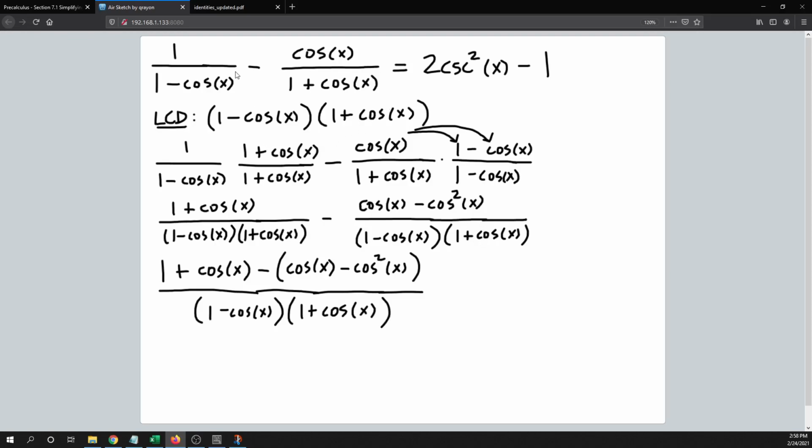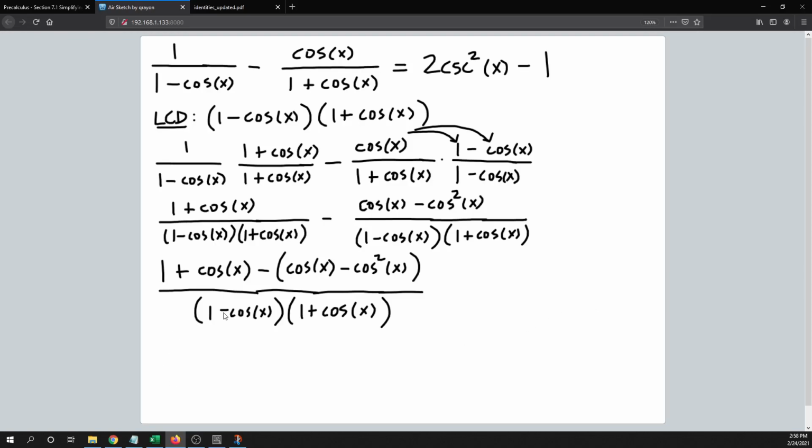Okay, so I've managed to combine the two fractions that are on the left-hand side into one big fraction. So I've got some simplifying that I'm going to do. On top, I'm going to distribute that negative sign through the parentheses, and then I'm going to combine some like terms and see what I come out with. All right, so let's go ahead and do that.